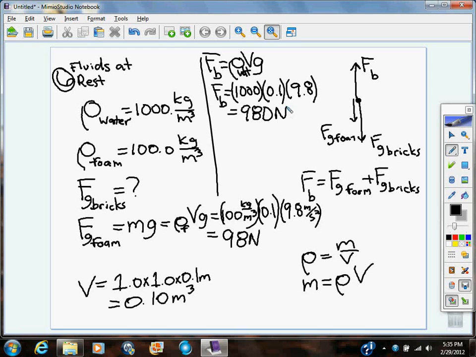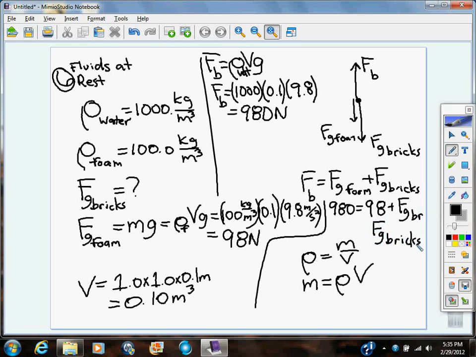So now going back to this formula, we can figure out my buoyancy force is 980 newtons. And that's going to be equal to F sub g of the foam, which is 98, plus F sub g of the bricks. So now I subtract 98 from both sides, and I get F sub g of the bricks.